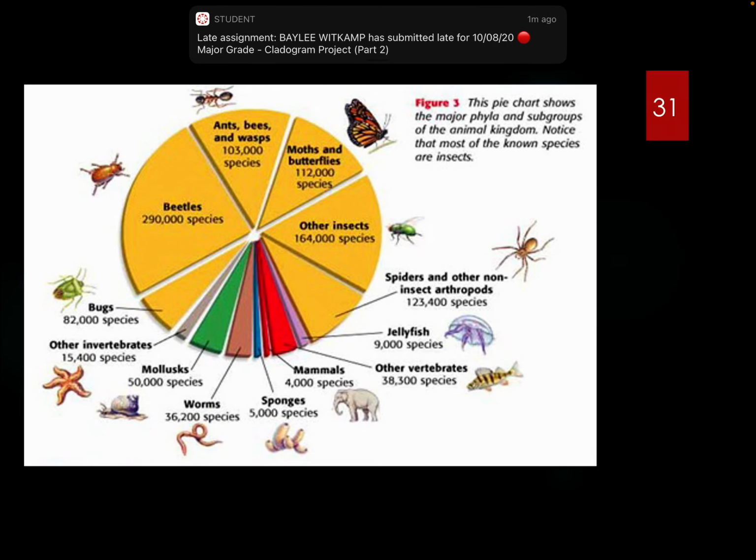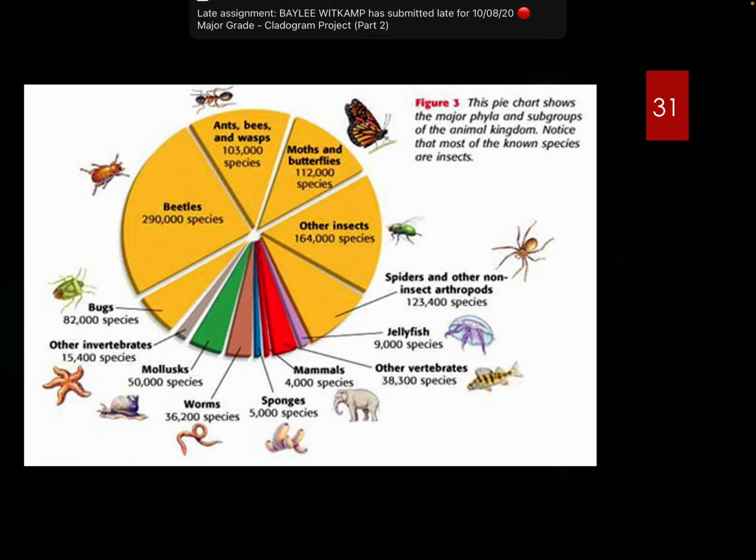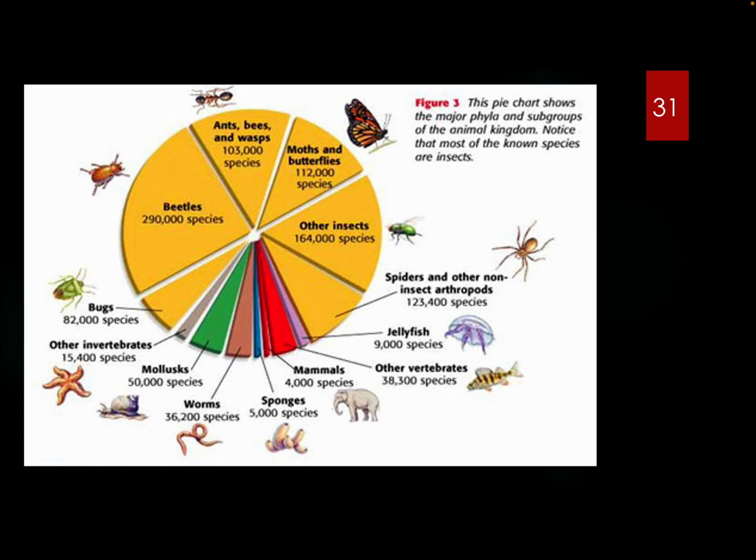This is, I find, a very interesting pie chart because you can see it basically breaks down all the known species. You see all of this yellow here? That is basically almost the whole pie chart, and it is all insects. Insects and bugs make up the most of the number of species on this planet. And then if you look at mammals, it's this tiny little red sliver right here.